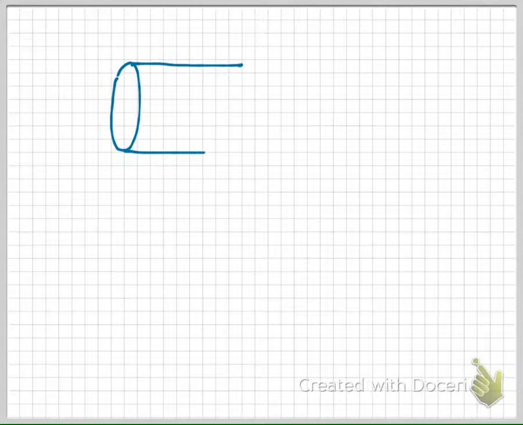Last one. Surface area of a cylinder. This is a weird one. I need you to understand a few things about this. Okay, cylinder. How many sides are there on a cylinder? 2? No, there are 3.